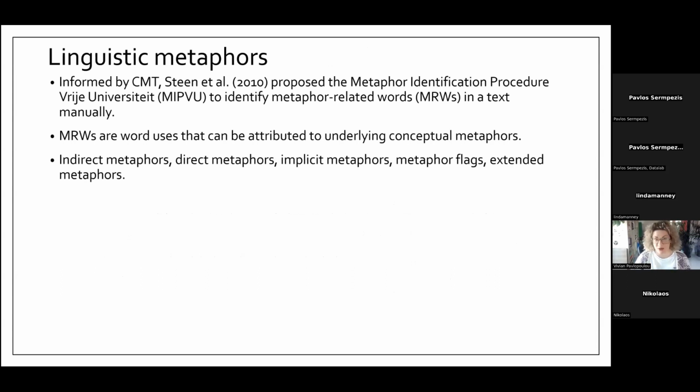A decade or so ago, he proposed a metaphor identification procedure, the MIPVU, which is a method to identify metaphor-related words in a text manually. These MRWs, metaphor-related words, are words that can be attributed to underlying conceptual metaphors, such as indirect metaphors, direct metaphors, implicit metaphors, metaphor flags, and so on.